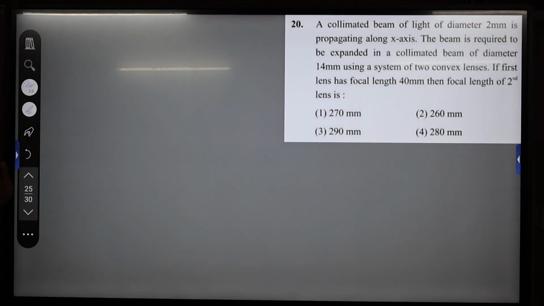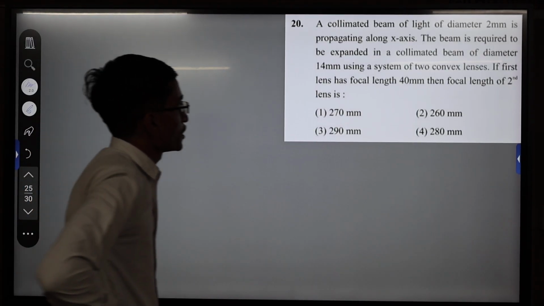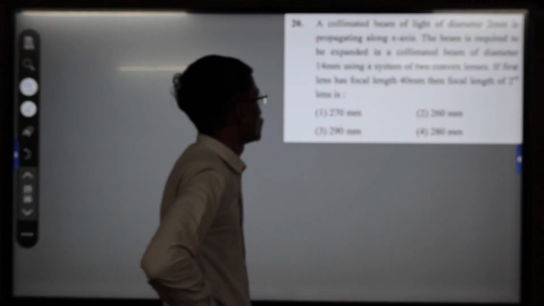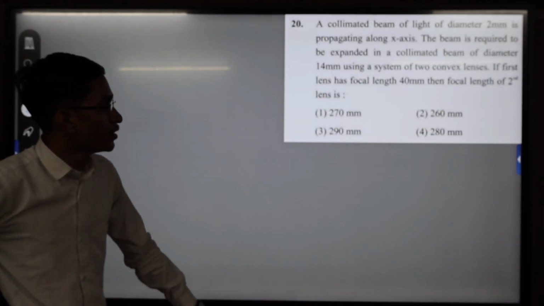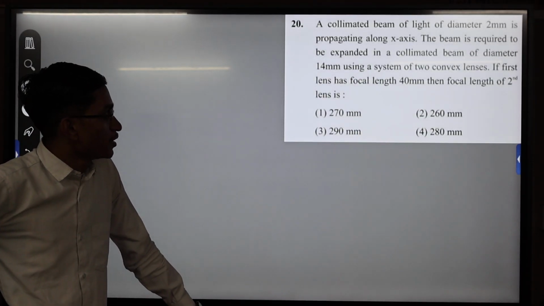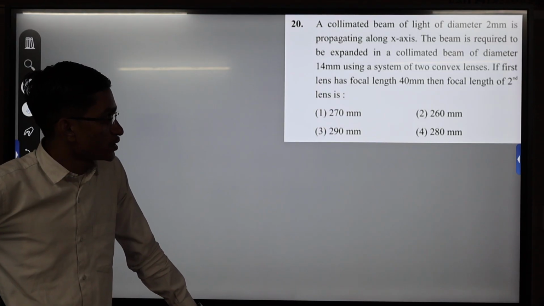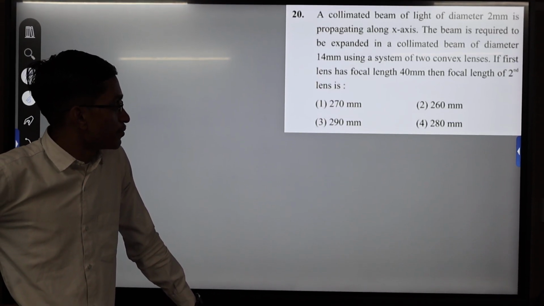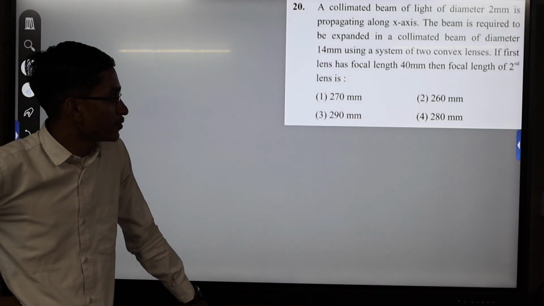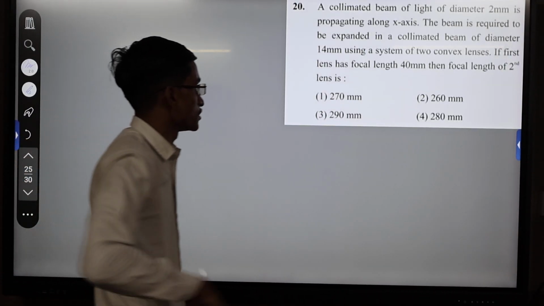Next question. A collimated beam of light of diameter 2 mm is propagating along the x-axis. The beam is required to be expanded into a collimated beam of diameter 4 mm using a system of two convex lenses. If the first lens has focal length 40 mm, then the focal length of the second lens is?